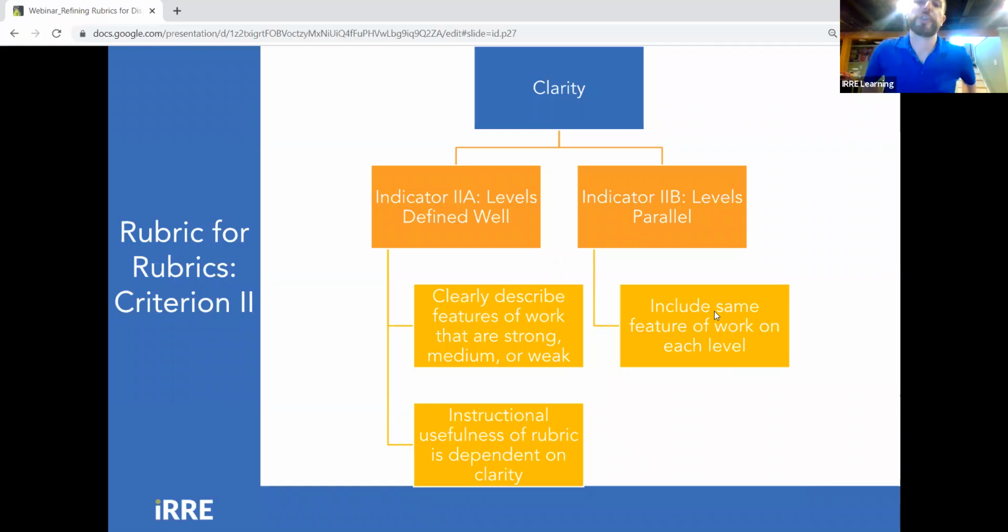We also want to make sure that those levels of quality on the rubric are parallel. So if, for example, we're talking about a violinist in music class, I don't know if we have any music educators on the call with us here today, but if one of the things that makes their performance bad, so to speak, is lackadaisical bowing, and they're kind of lazy in how they're maneuvering their bow, then what makes better bowing should also make the performance better.